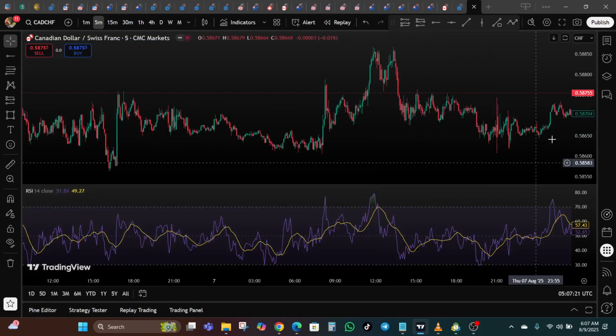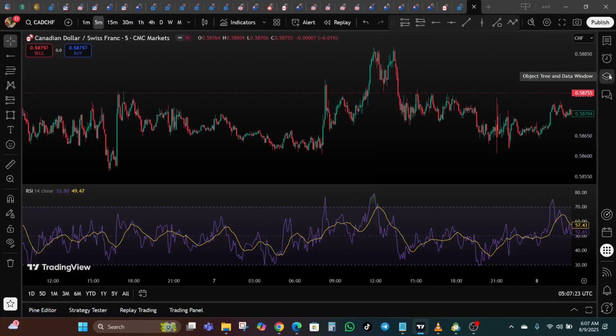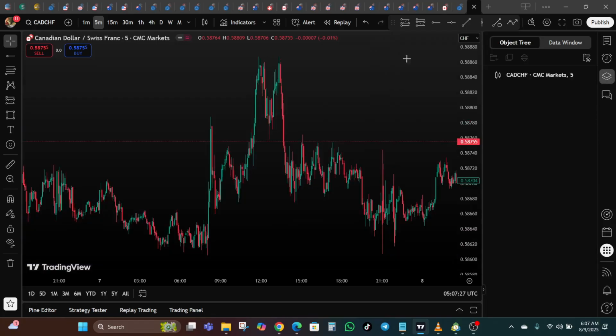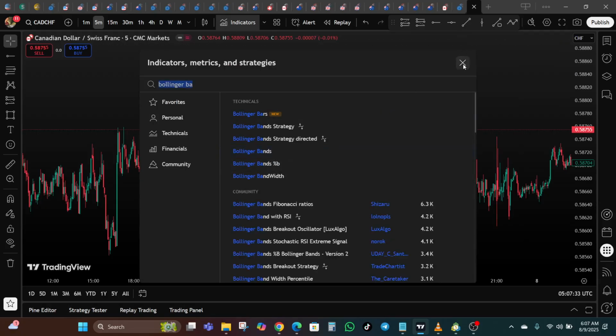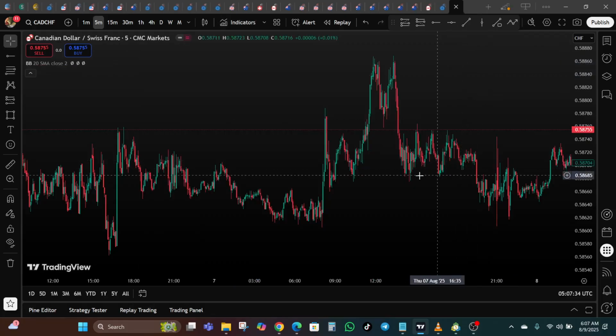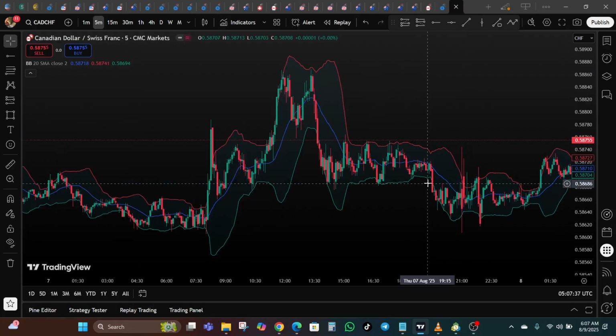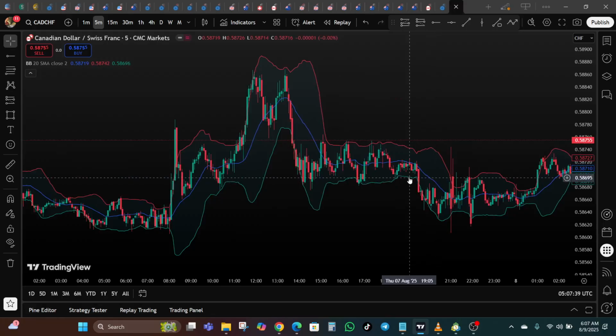Now the next indicator we are going to be looking at is the Bollinger Bands. The Bollinger Bands are another popular indicator. This is a volatility based indicator that uses a moving average with upper and lower bands that expand and contract with market volatility.